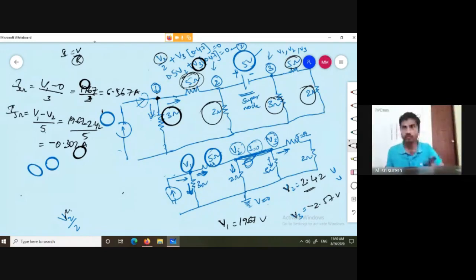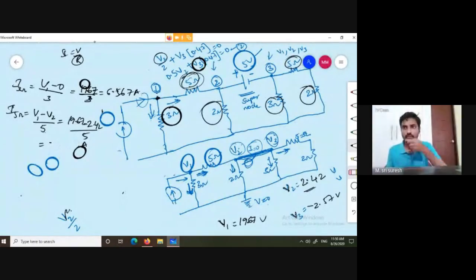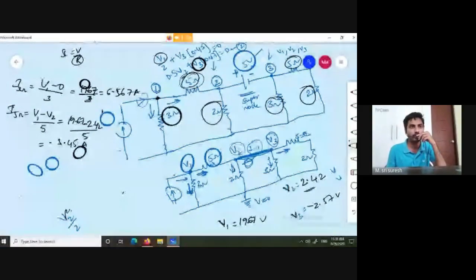Okay. So this is the I at 5 ohms. Now I need to calculate I at 2 ohms. I at 2 ohms is nothing but it is connected to V2.